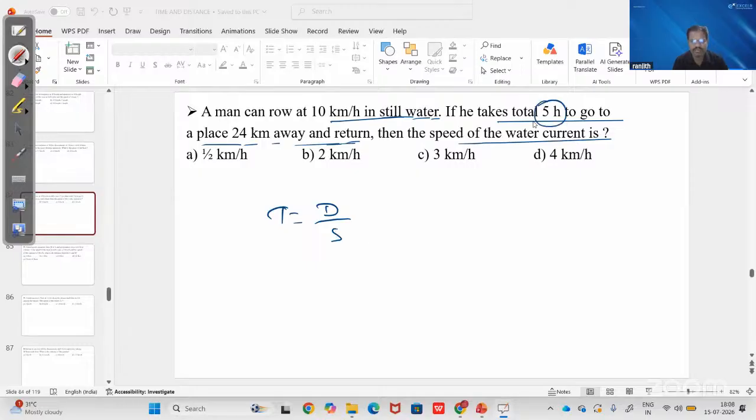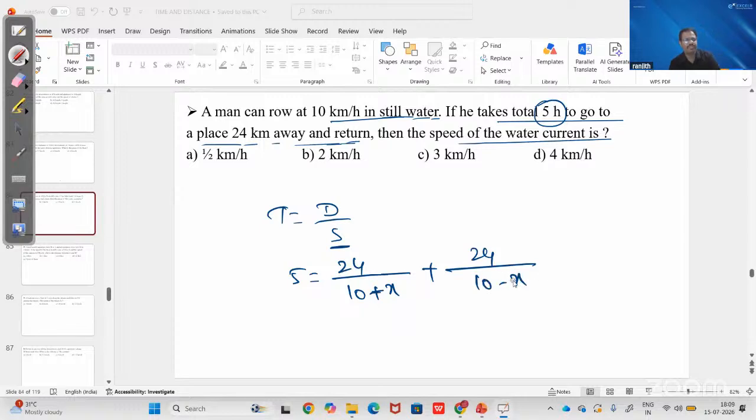Total time will be equal to 5 hours, and the distance is 24. One is the downward direction and the other is the upward direction. While we are moving in the downward direction, speed will be more. So that will be 24 by 10 plus x plus 24 by 10 minus x.